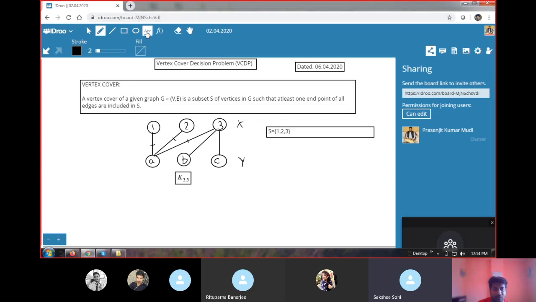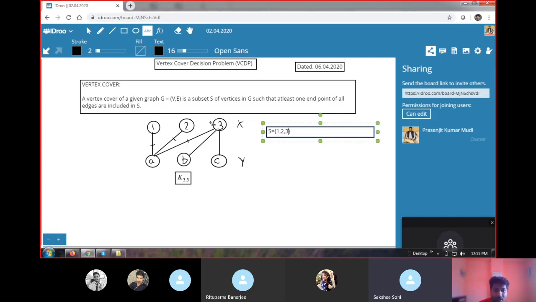You may not include vertex A because the edges which are connected to A, all of them are already covered. So I am not including A. But these two edges are still not covered, not yet considered, this and this. And to cover them, you know, these are covered.